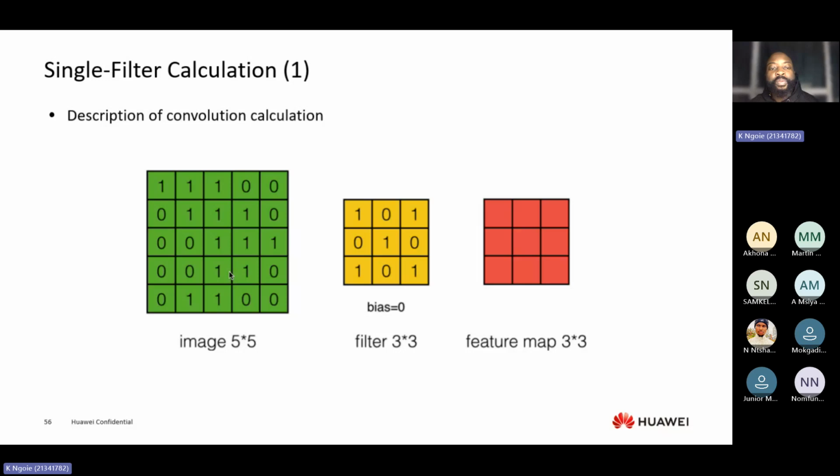So this is an example here. We have an image, which is 5 pixels by 5 pixels. So the first pixel here, the image is giving us 0, right? So let's say this is the image that we have.